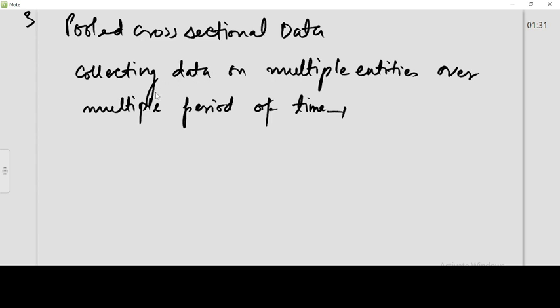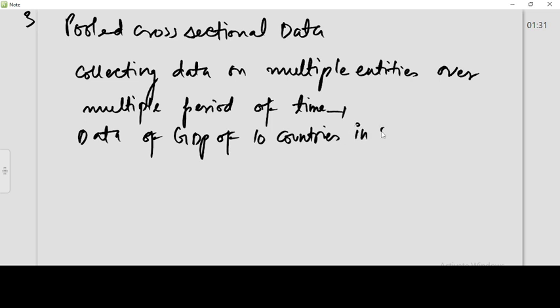Suppose you collect the GDP of 10 countries in 2000, 2005, 2009, 2011. Okay, so this can go on in this fashion. So collecting data on multiple entities over different time frames or different points of time.